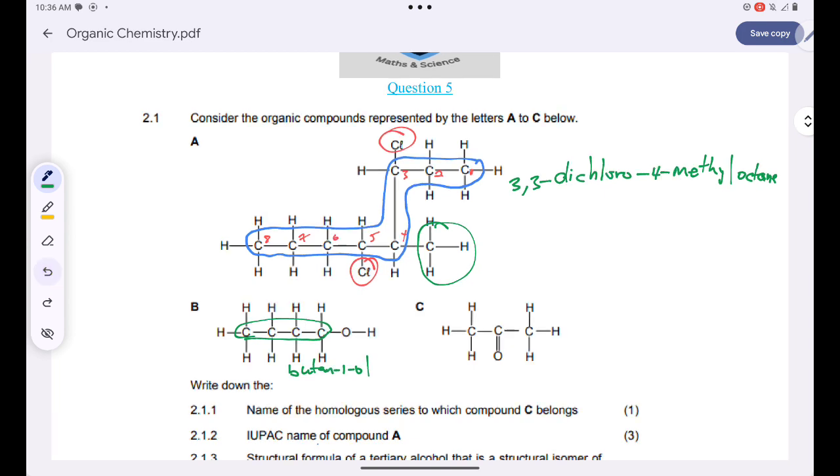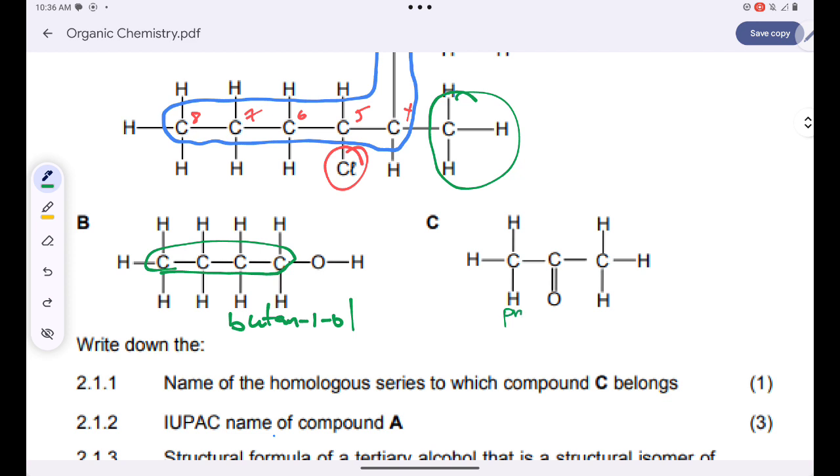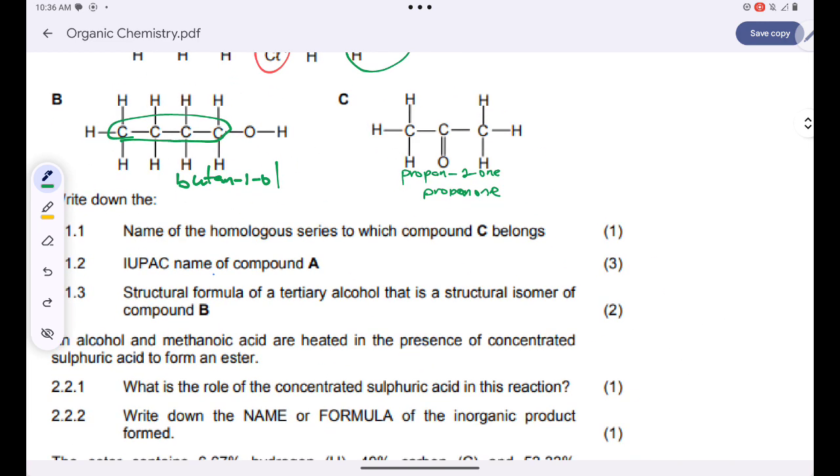And the name of this ketone is just propan-2-one. Even if you just said it's propanone, you are not going to be incorrect, because there's only one type of propanone. It's just propan-2-one.